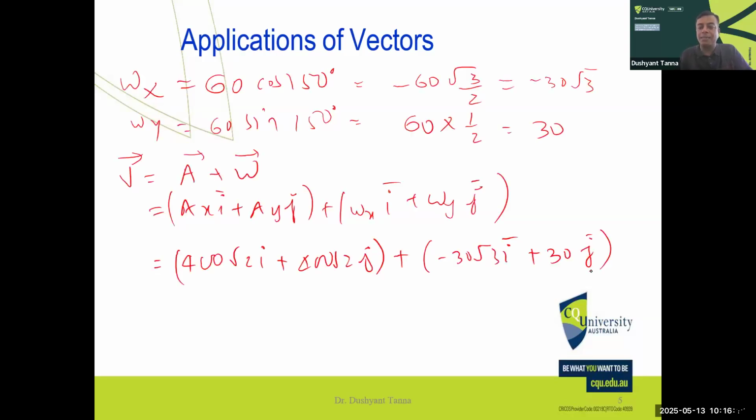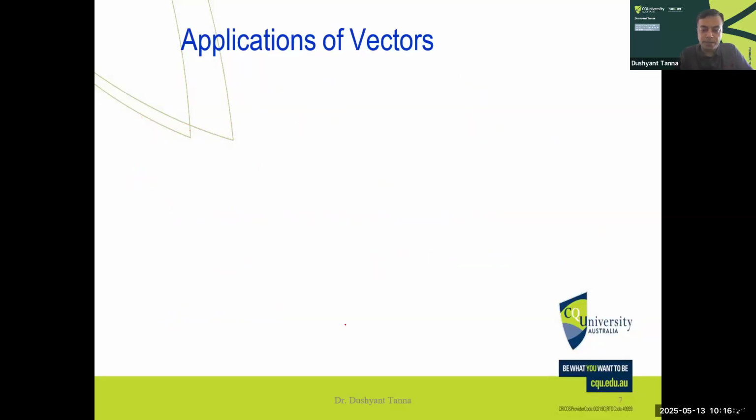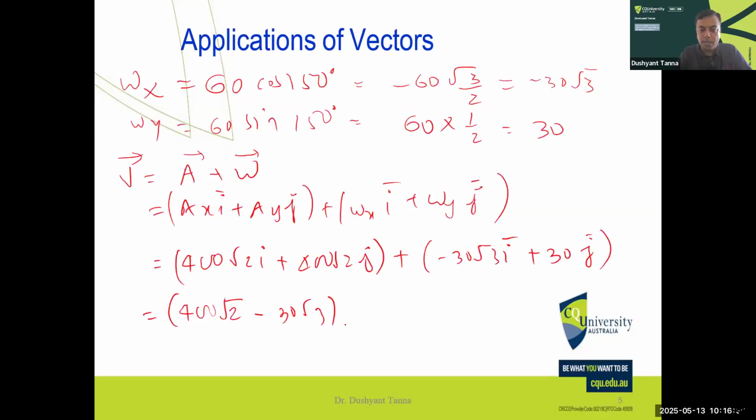We collect the i and the j terms. So 400 root 2 minus 30 root 3 i, plus 400 root 2 plus 30 j.